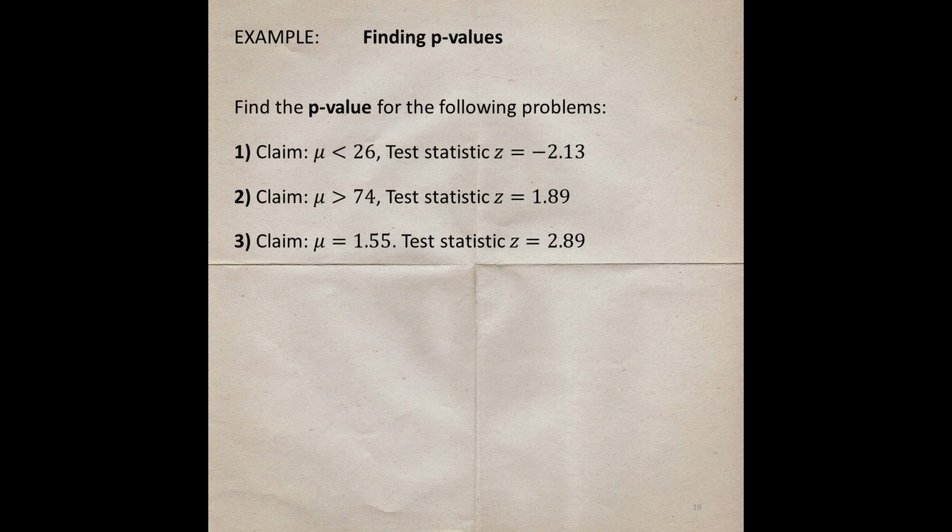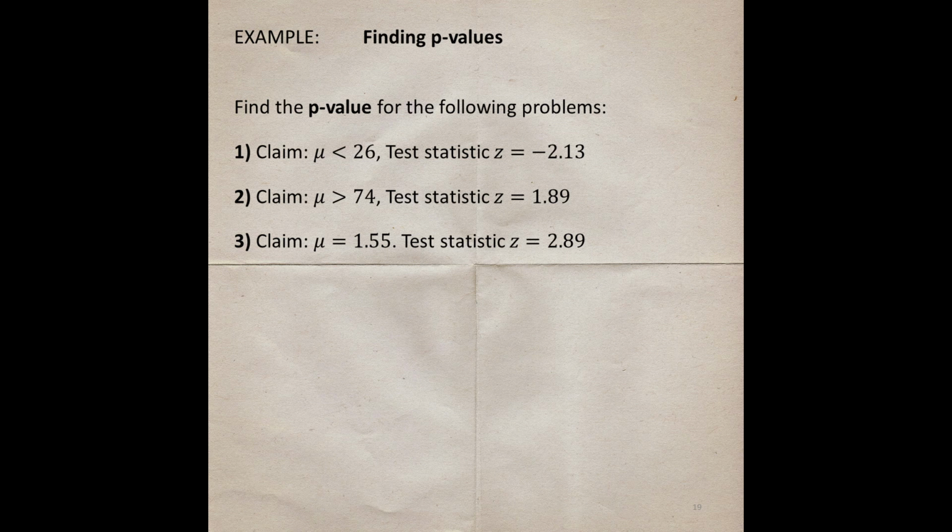Let's do a few exercises of finding p-values. Find the p-value for the following cases. 1. Claim mu is less than 26. Test statistic z equals negative 2.13. 2.